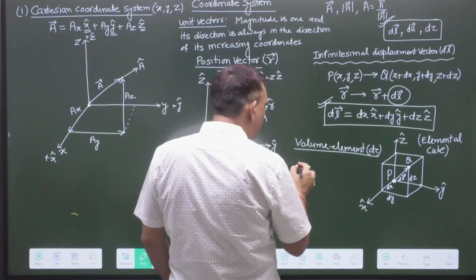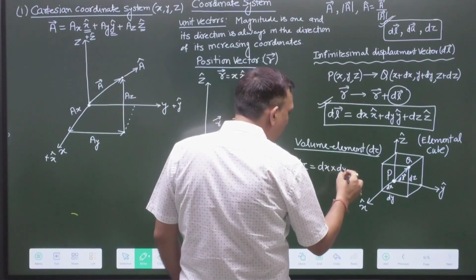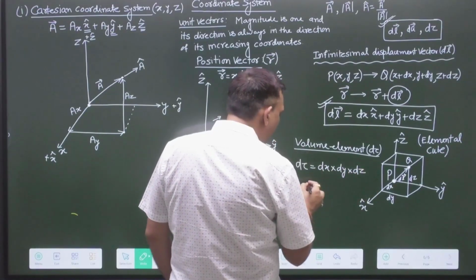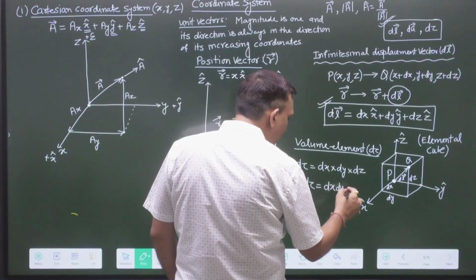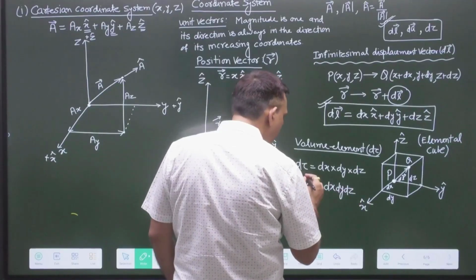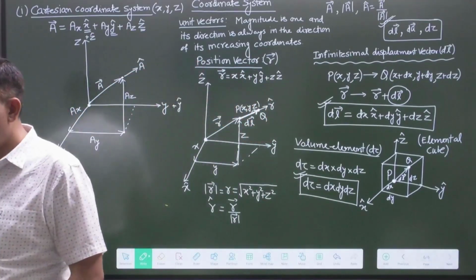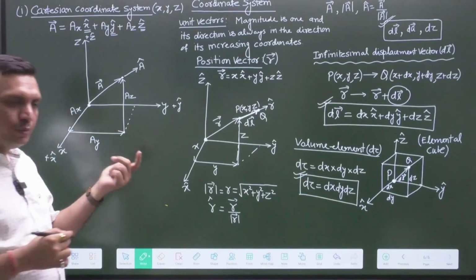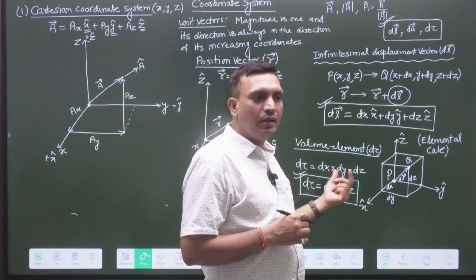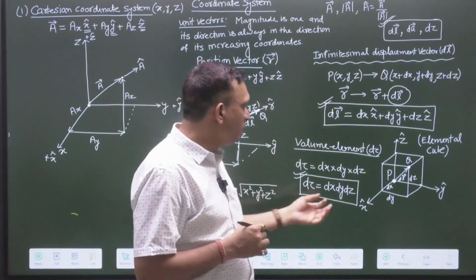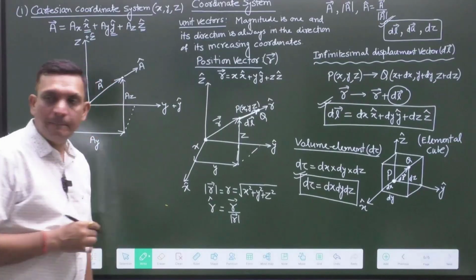This is the volume of the elemental cube, so this will be given by dx dy dz. So in Cartesian coordinate system, volume element is dx dy dz. Because it's a cube, if you multiply sides of the cube, you will get volume, and it's an elemental cube, so that volume is elemental volume. If you integrate over this, you will get the volume of the cube if sides are given. Clear?